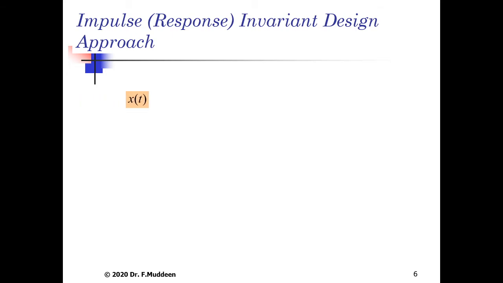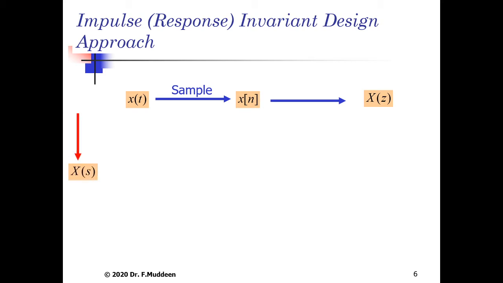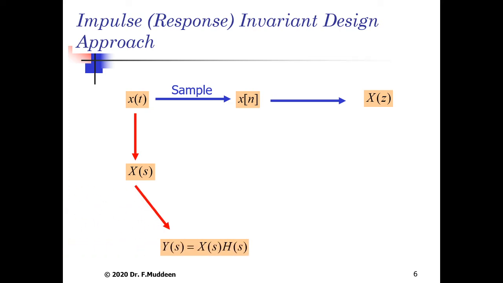Typically we start with x of t here, which is going to be the input signal in continuous time, and we sample it to get x of n. We then transform it to get x of z. At the same time, we also have x of t here, and we transform it to get x of s. We apply it to our system equation because we need to know how we get the output here.